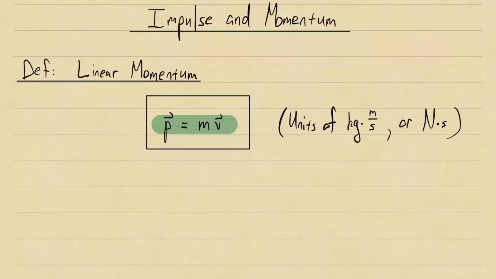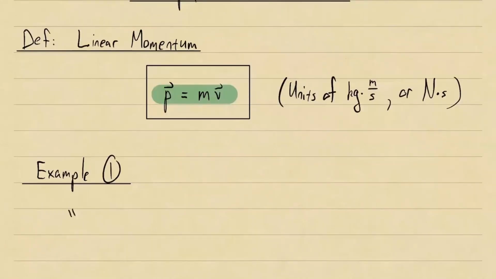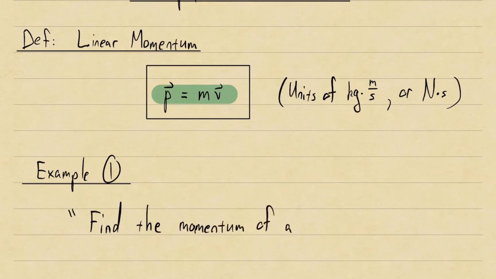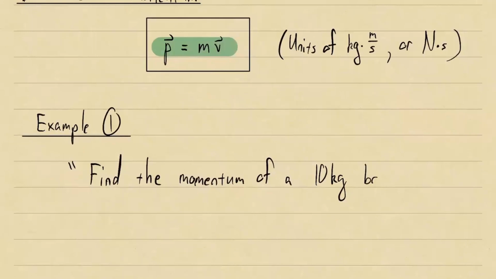Example 1 says, find the momentum of a 10 kilogram box, which is moving at a speed of 20 meters per second.